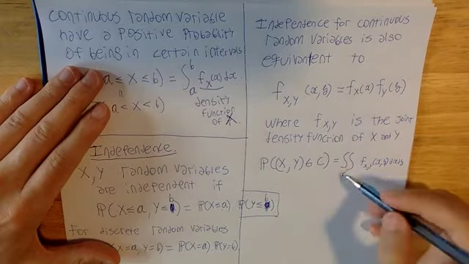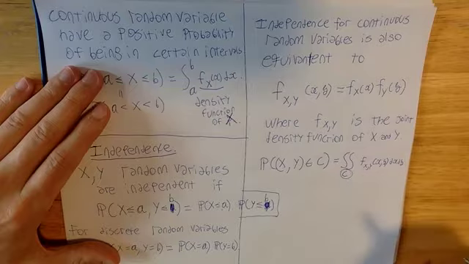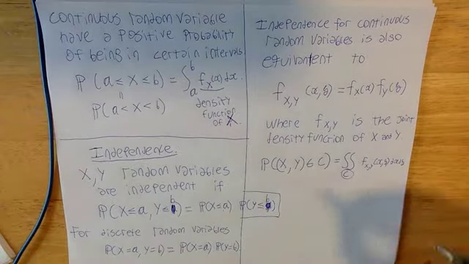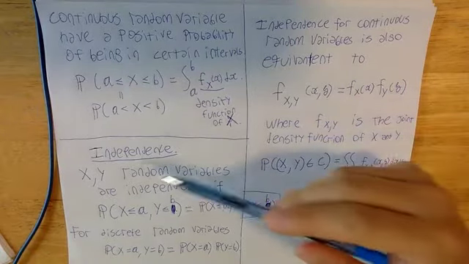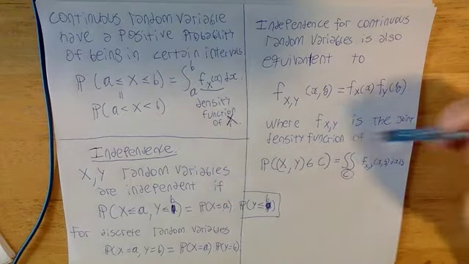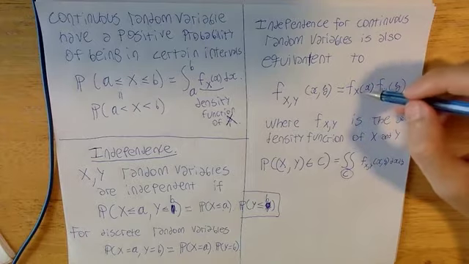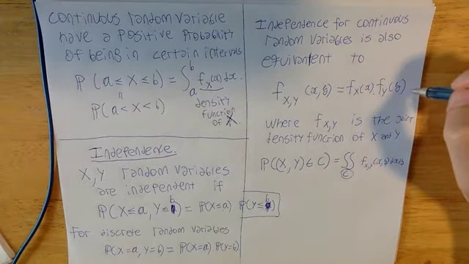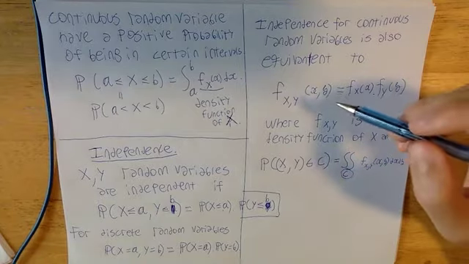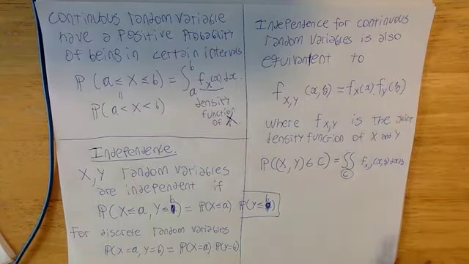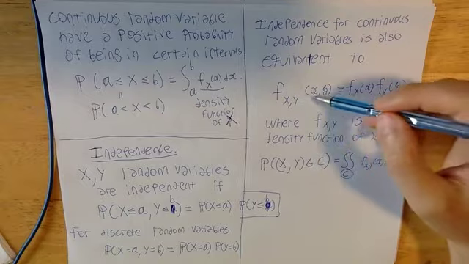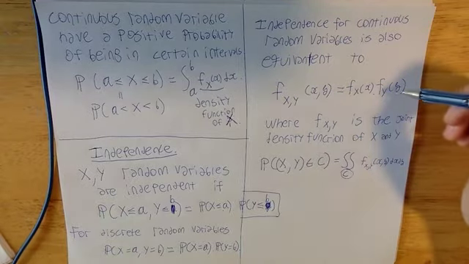So random variables are independent if their joint density function decomposes into the product of the density functions. If you are told in an exercise that they are independent, then you can just assume that the joint density function is given by this product.